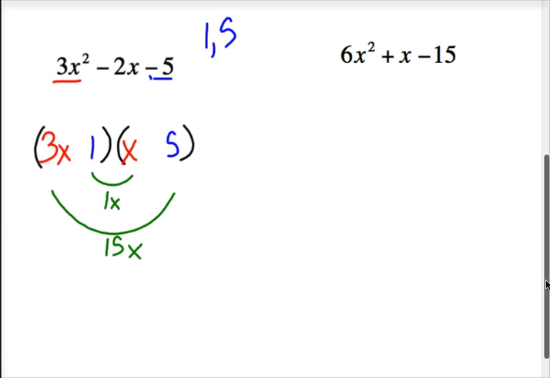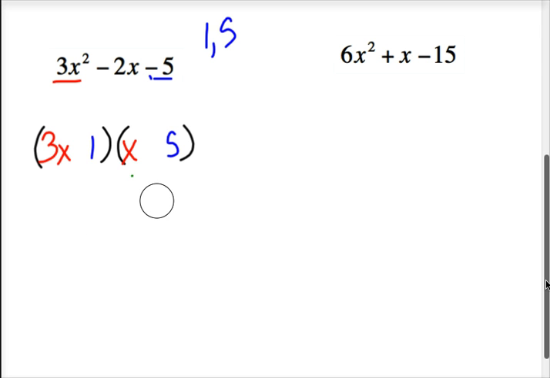Now, keeping in mind, even when I make one of those negative, is it possible for me to get a negative 2x? The answer is no, because I'm either going to get 14x if the 1x is negative, or negative 14x if the 15x is negative. Neither way is it going to give me that negative 2x that I'm looking for. So what that's telling me is this is not the combination that I'm looking for.